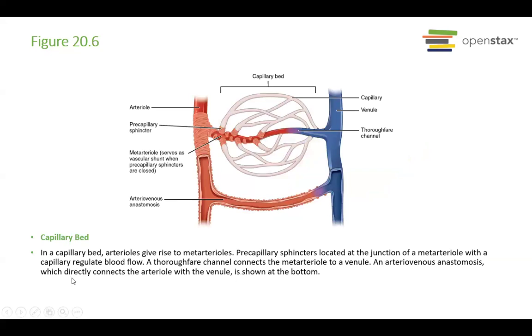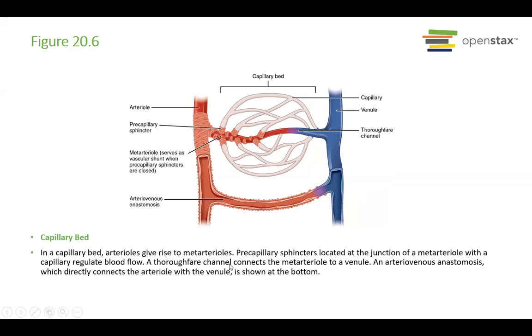In a capillary bed, arterioles give rise to meta-arterioles. And there are precapillary sphincters located at the junction of a meta-arteriole with a capillary that regulates the blood flow.